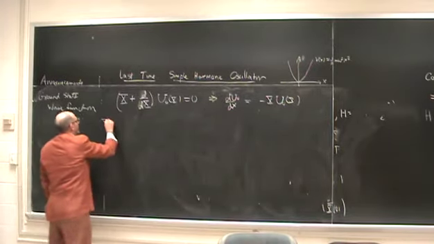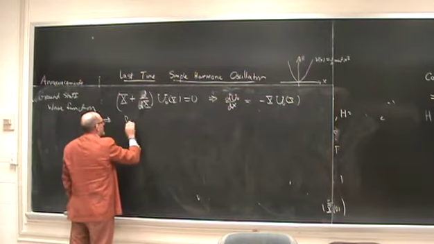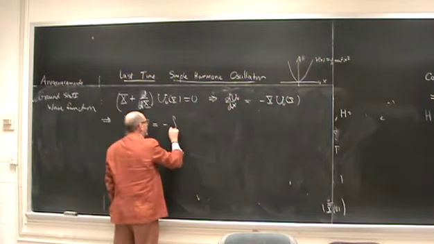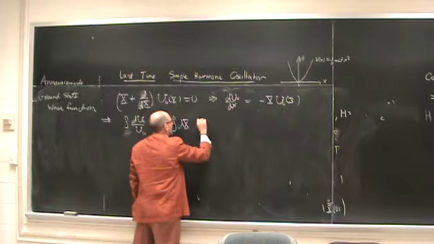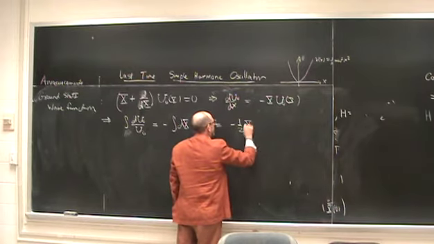which says that the integral du naught over u naught is minus the integral dx x, which is minus a half x squared.